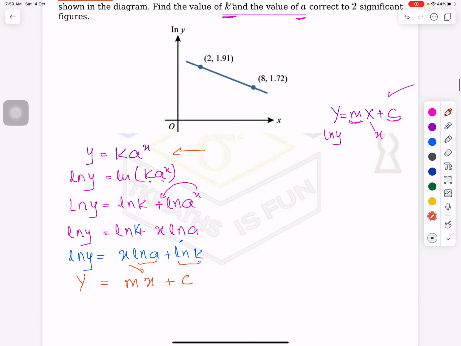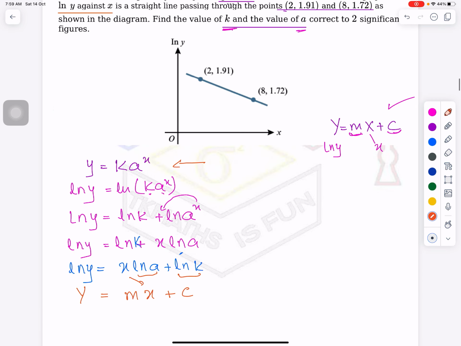So what comes to your mind now? These points which are given to us on the line: on the x-axis I have x, so these coordinates are representing x. On the y-axis I have ln y, so these coordinates are representing ln y.